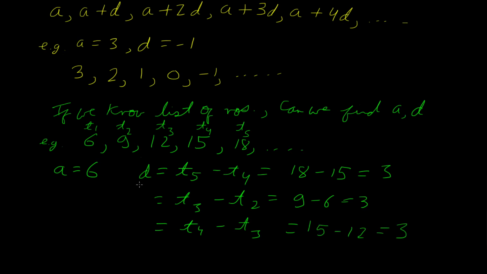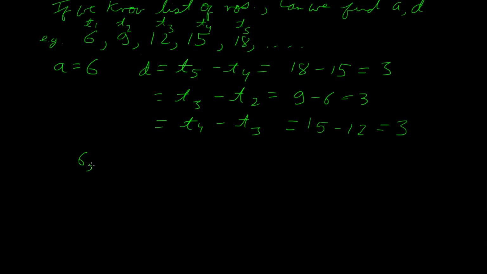So we can take any two consecutive numbers. But always remember that we need to subtract the term at the lower position from the term at one position higher. T5 minus T4, T3 minus T2, something like that.